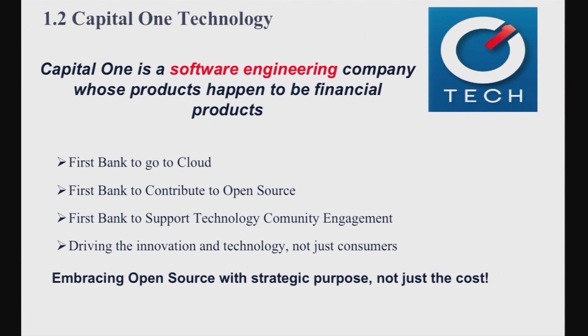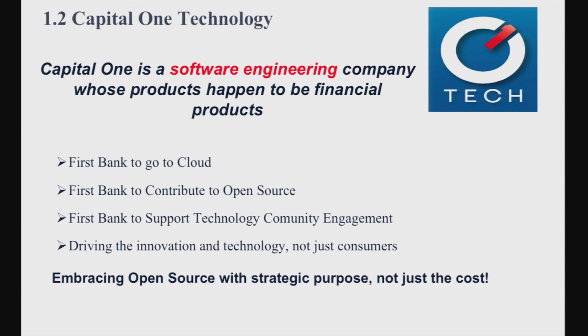So Capital One sees itself as a software engineering company. It happens to provide financial products as a business, similar to how Amazon is a technology company, but its products are retail. A few of the things which differentiate our bank: it's the first bank to go to cloud. I don't think any other bank put their applications in the cloud.